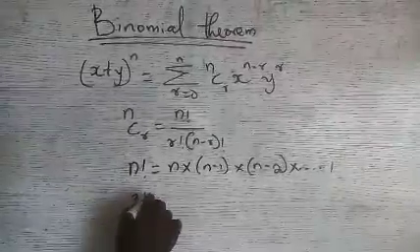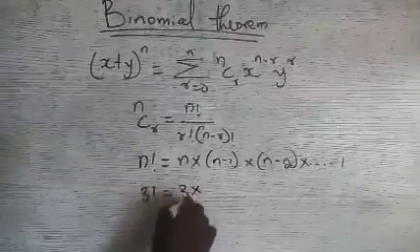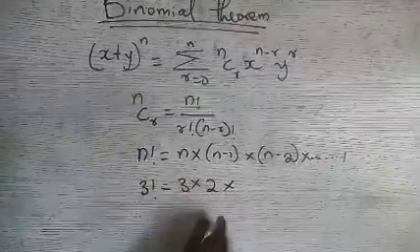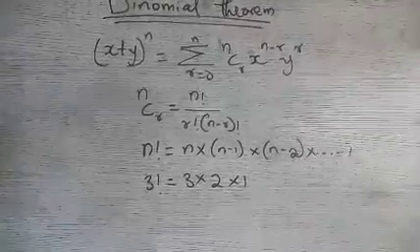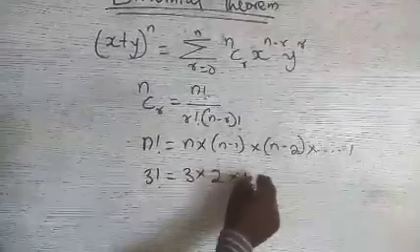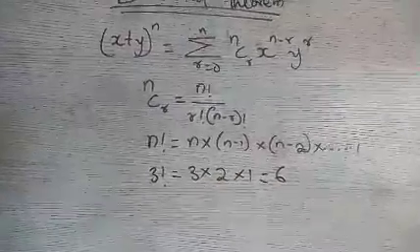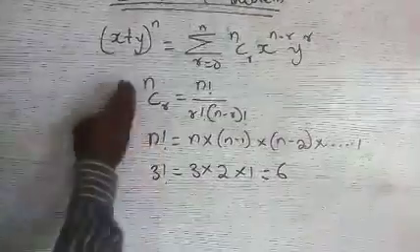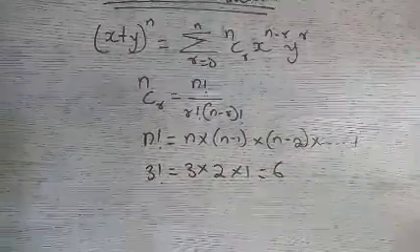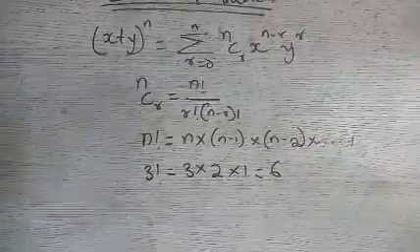That is going to be 3 multiplied by (3 minus 1), that is 2, multiplied by (2 minus 1), that is 1. When you simplify that, you have 6 as your answer. So that is it when n factorial is given.